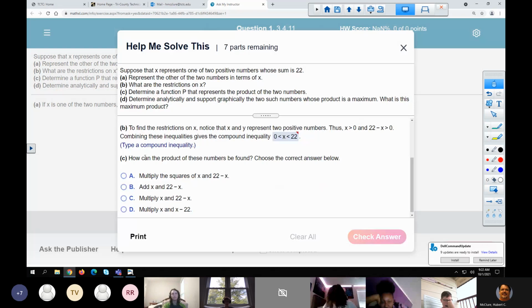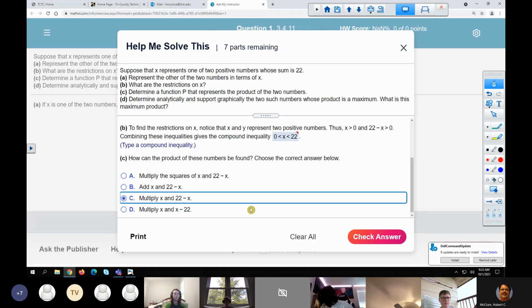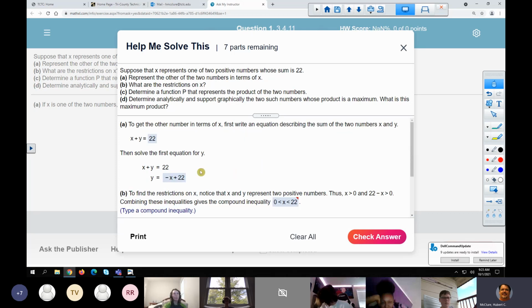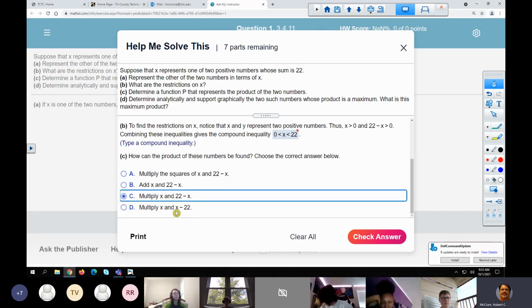Okay. How can the product of these two be found? X and 22 minus x, multiply, it'd be this one, C. Is it x minus 22 or is it 22x? Let me check. Negative x plus 22.